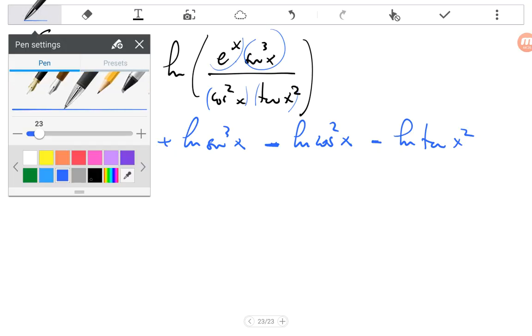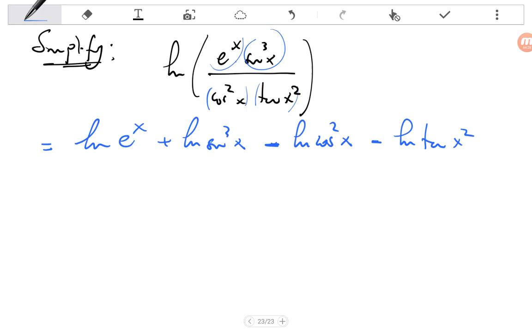Are there any further steps? Yes, there are further steps. I just check the other rules. In this case, ln will cancel the effect of e, so it will give me an x. In this case we have a power, because this is just ln sine x all to the power 3. So I may take that power down to be beside ln.